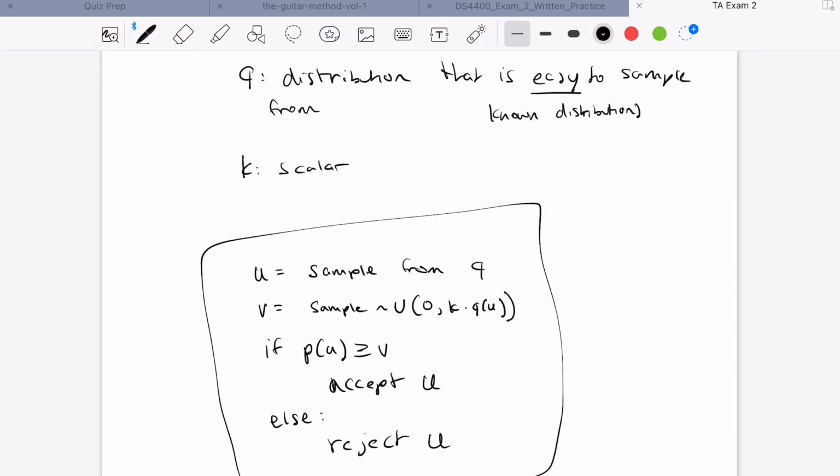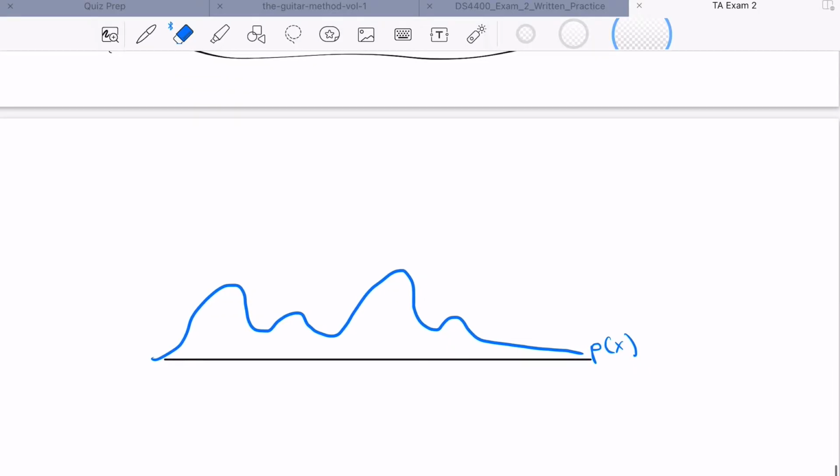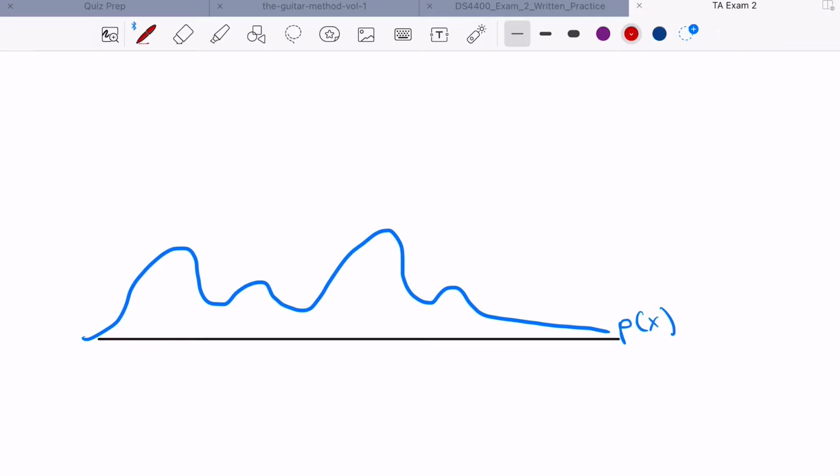So this seems pretty simple, but you might be confused about what's going on. So let's draw a picture. Let's work through an actual visual example of rejection sampling. Let's say we have a distribution P, and because we have the distribution P, we also have a PDF for P, so that's P of X. Rejection sampling requires three things: a P of X, a Q of X, and a sampler of Q of X. I'm going to say for simplicity that Q of X is just a uniform distribution.